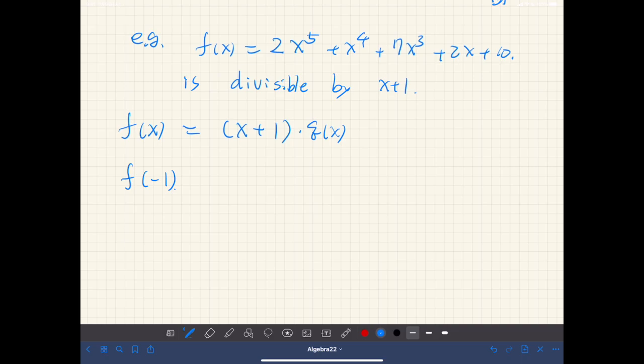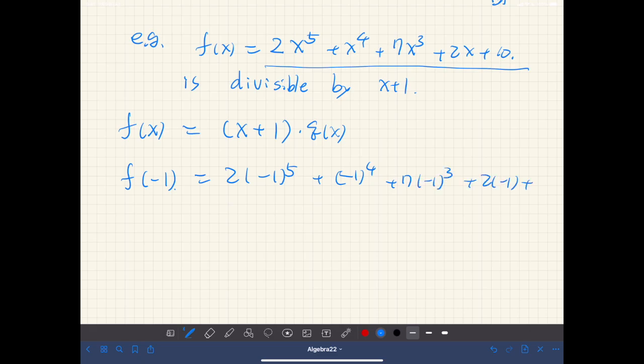Okay, so if we calculate this, so 2 times negative 1, and negative 1, negative 1, negative 1. So that is negative 2 plus 1, negative 7, plus 2, plus 10.